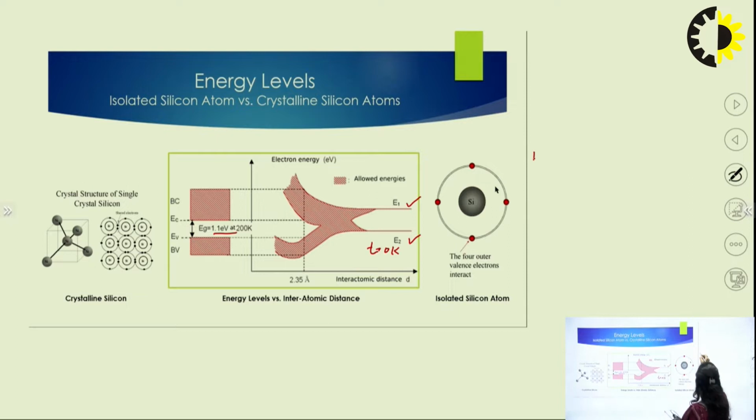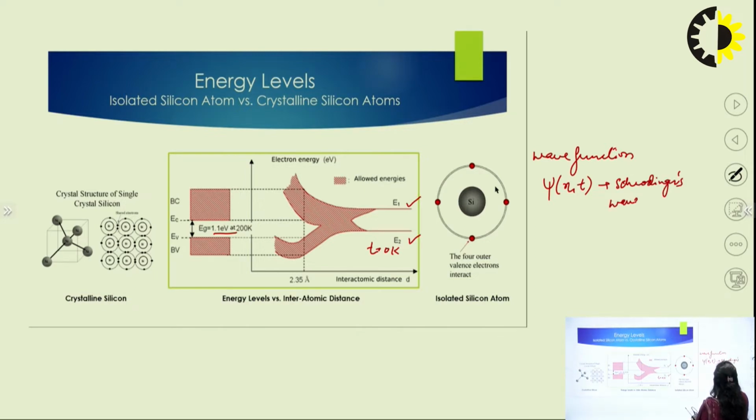So here what is going on is that the wave function, as we have already discussed in the Schrodinger wave equation, psi x comma t, will overlap when two atoms come close together.